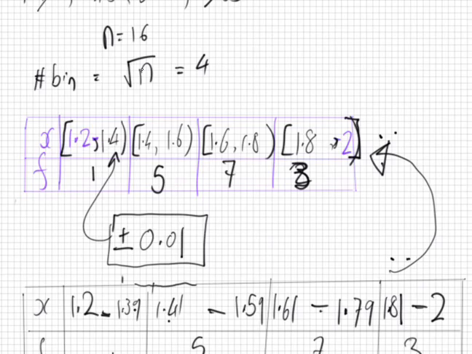But it could have been, for example, the boundaries were 3 decimal places, and then the next table would have been 4 decimal places. So instead of having 0.01, you'd have 0.0001 plus or minus. I promise you this is the small thing in the whole exercise.